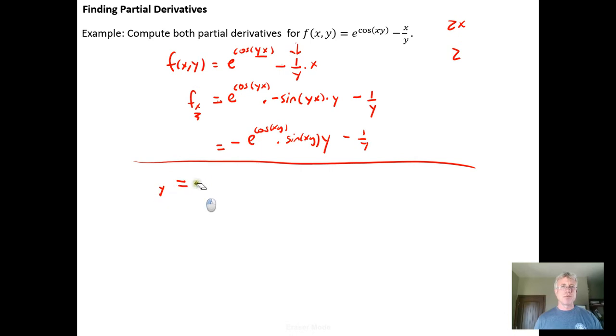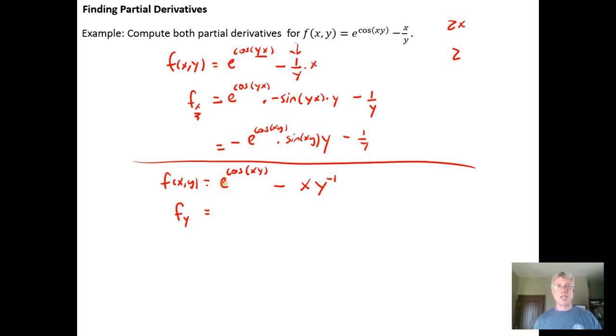So let's go ahead and rewrite the function. F of xy equals e to the cosine of xy minus x over y, which I can also think of as being x times y to the negative first power. So if we're taking the partial derivative with respect to y, we hold x constant.